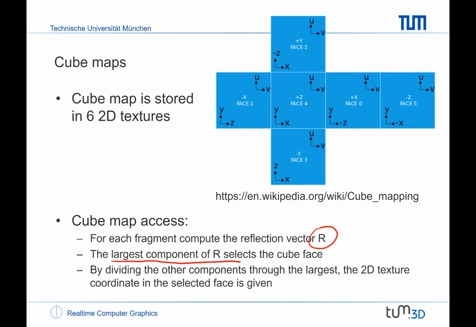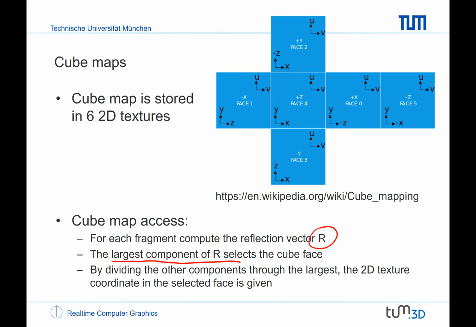Then I think it becomes immediately clear that the largest component of that vector indicates the cube map face with which this vector has an intersection. Once we have that intersection, we know from which of the 6 two-dimensional cube map textures the values have to be retrieved. But then, of course, we also need to know where in the selected two-dimensional cube map texture this value has to be read from. So we need the local 2D texture coordinates.